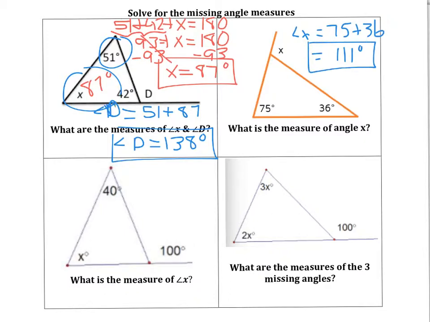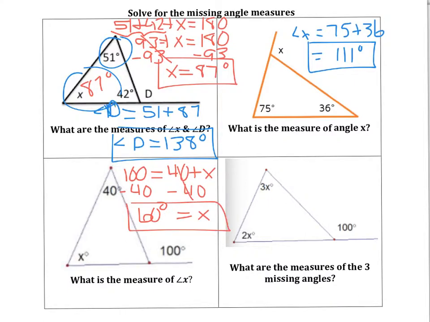For the next one, I can see that 100 is an exterior angle, so it would be equal to 40 plus X. So if I'm looking for angle X, all I would need to do is set 100 equal to 40 plus X, subtract 40, and you would find that angle X is 60 degrees.